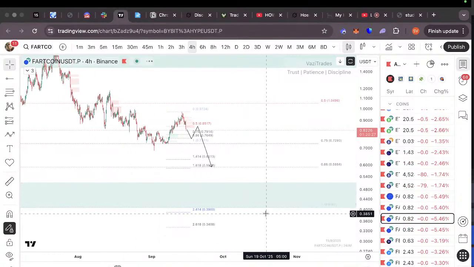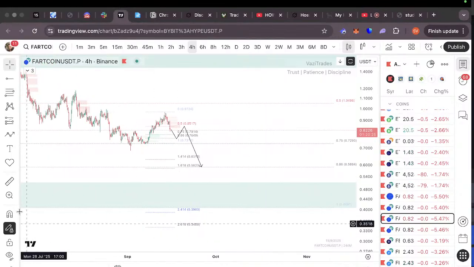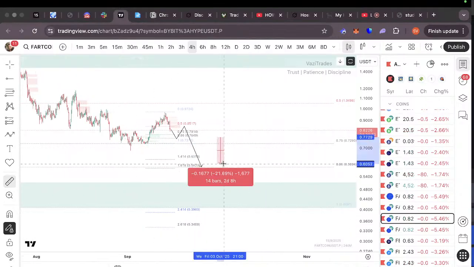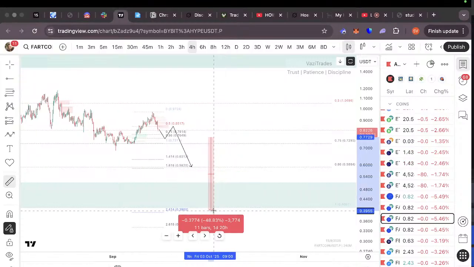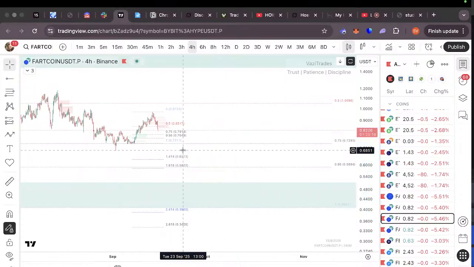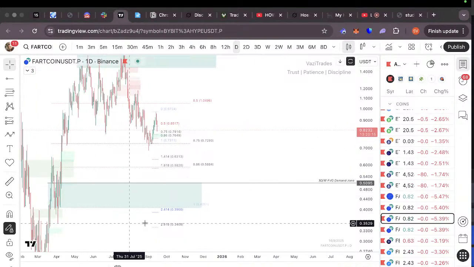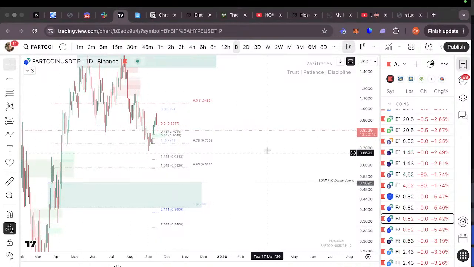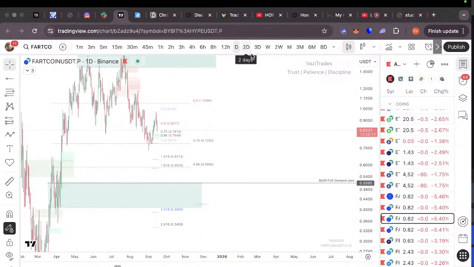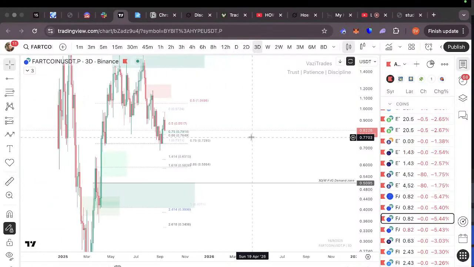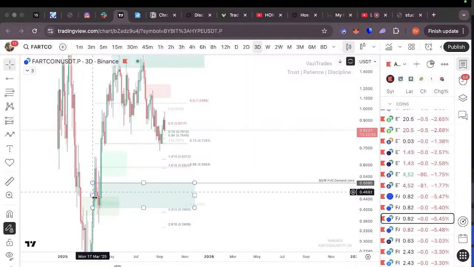So this low area could finally give a correction of 25, 50% of the move down, which is this strong support zone. It's a 3D support zone, bullish demand zone, FVG zone.